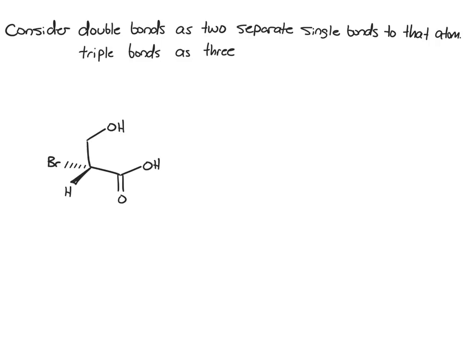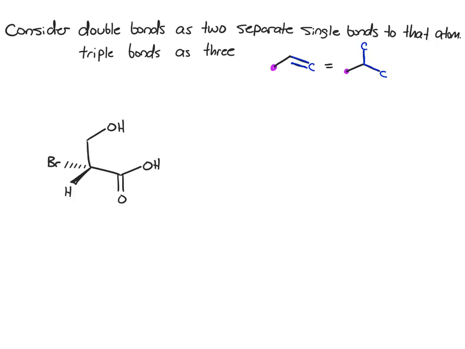So just for example, if you just have this carbon-carbon double bond, the way you can essentially view that is instead of a double bond, just 2 separate single bonds to carbon. So essentially, there's one bond to the carbon, there's a second bond to the carbon.